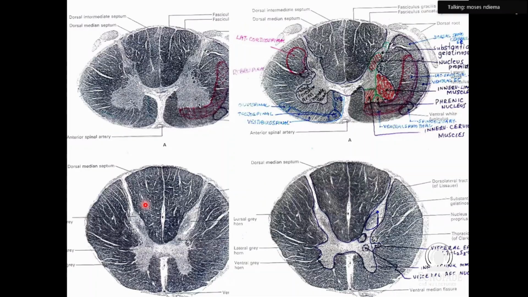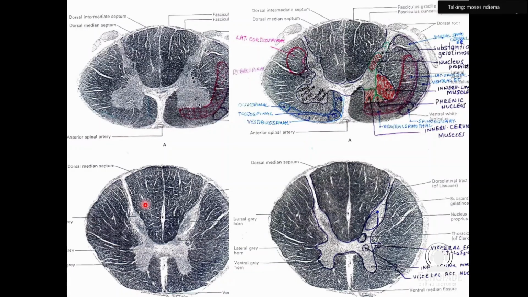So if you have a complete transection of the spinal cord, then the part distal to that transection is the part which will be damaged. If you have transection, say at the level of S1, the sacral segment S1, then the part supplied by the spinal nerves distal to S1 will have loss of sensation.